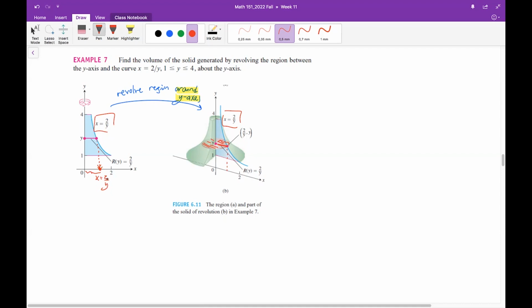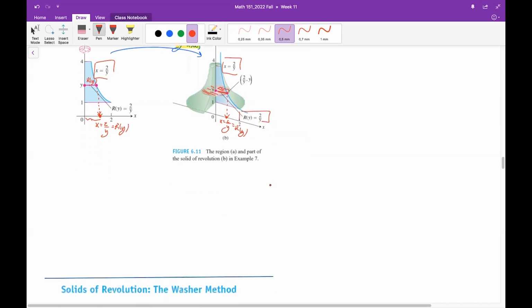This is the radius of the disk as it can be seen here. After you express your radius in terms of y, the rest is so standard.